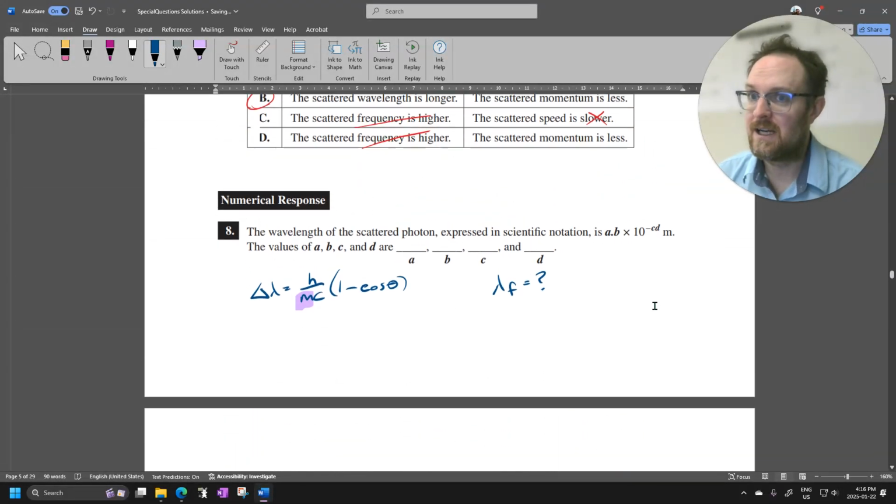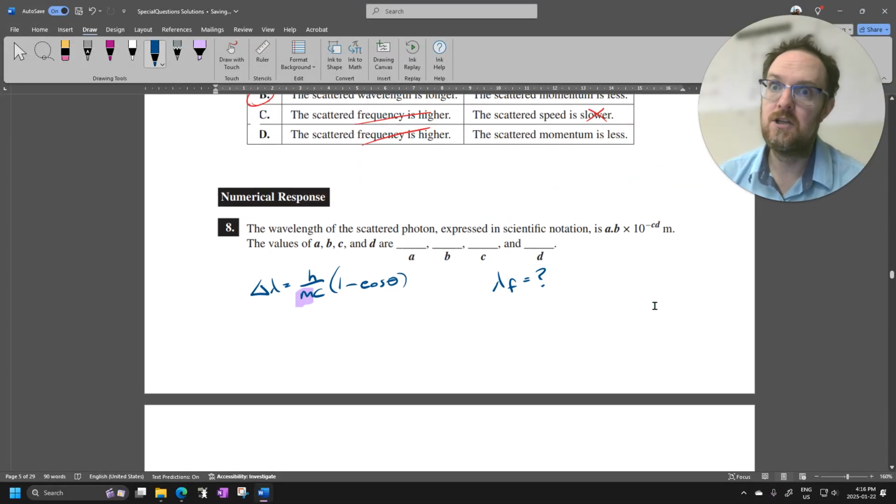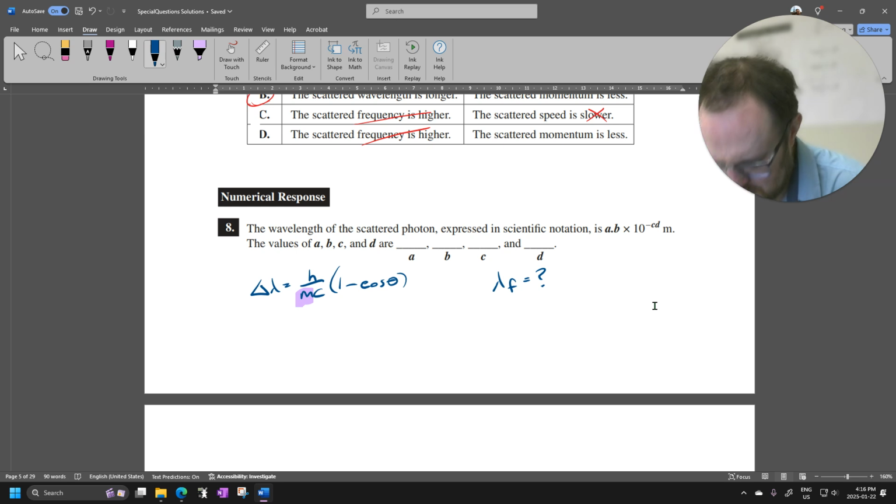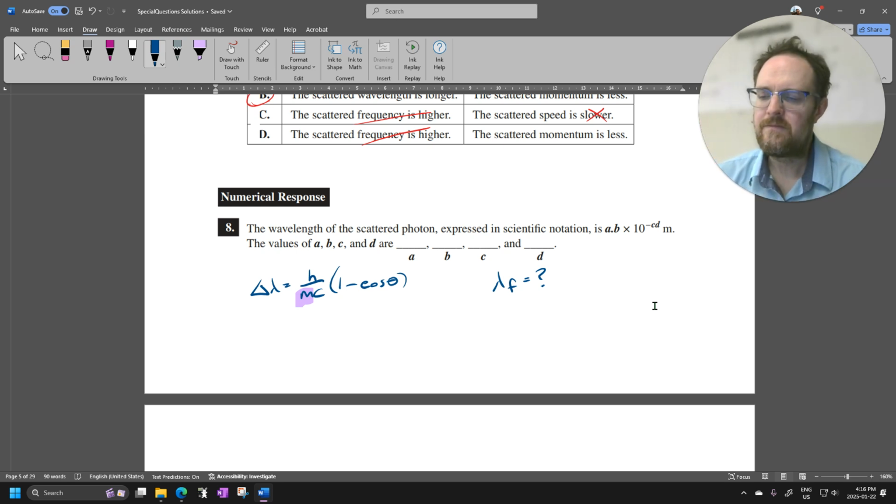Make sure your calculator is in degree mode. 6.63 times 10 to the negative 34 divided by the mass of an electron times the speed of light times 1 minus cos 133.